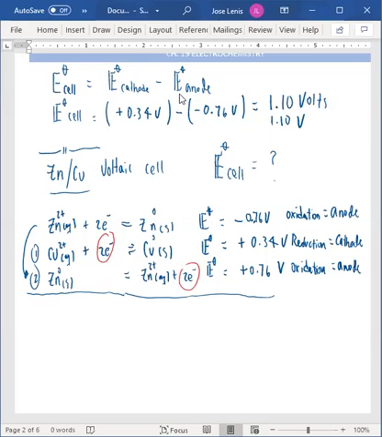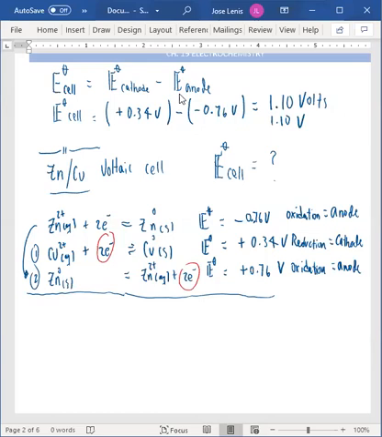If your equations show different numbers of electrons because you have different reactions, you want to multiply by a number in order to balance that. Let's say you have 2 here and 3 here. How do you balance?